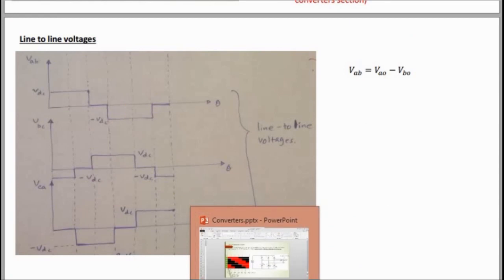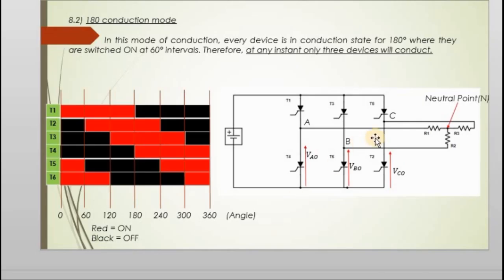Now what do you mean by line voltage? Here this one, VAB, VAC, VBC. This is the induction motor. So these are line to line values. So if you want to get VAB, here you can see VBO, here you can see VAO.